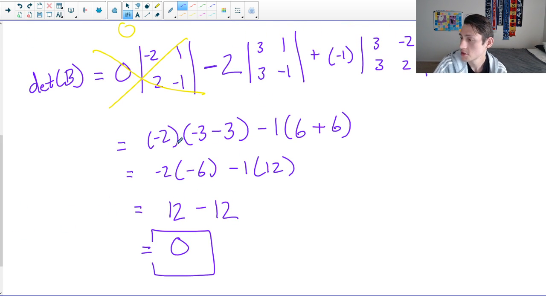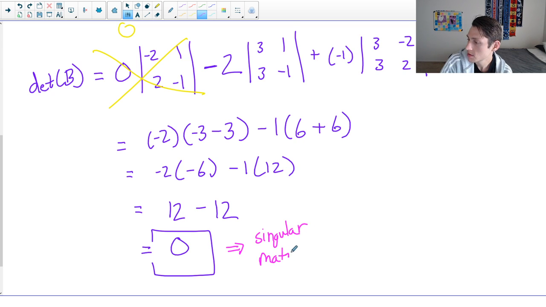That's interesting, not only just because it's 0, but that affects the rest of our problem. Because remember, if we get a determinant of 0, that means that B is a singular matrix. And if B is a singular matrix, what that means is that B has no inverse.